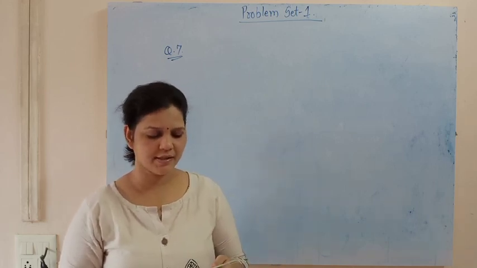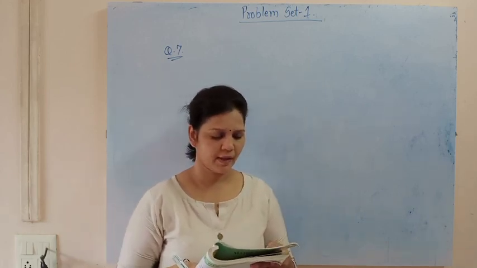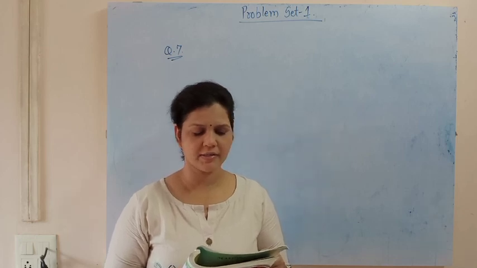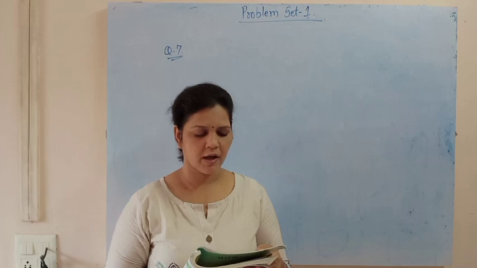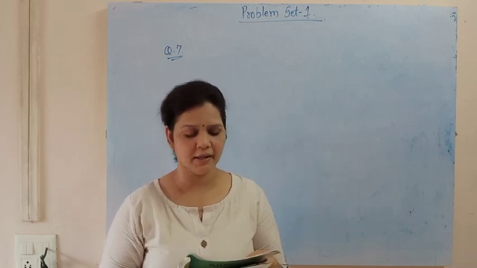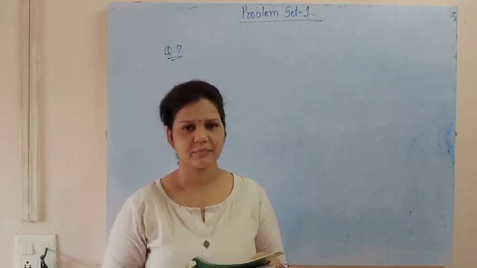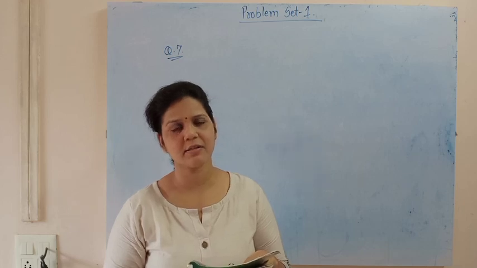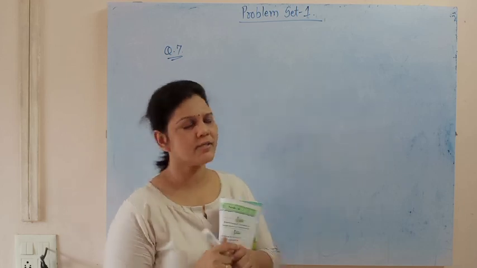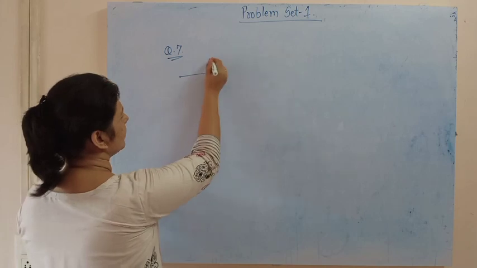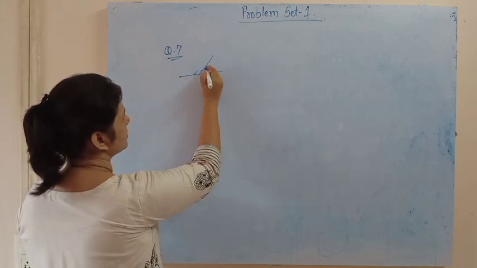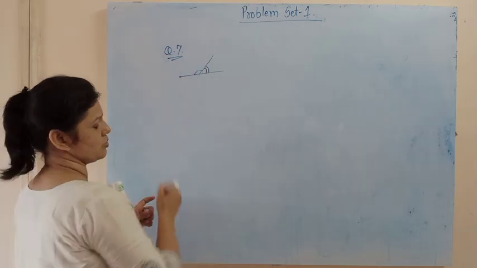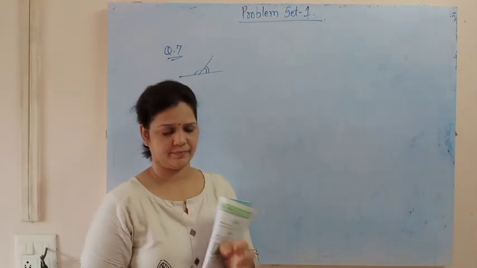See the second statement. Angles in linear pair are supplementary. How to write? If angles are in a linear pair, then they are supplementary. Quite simple. That means the total is 180.